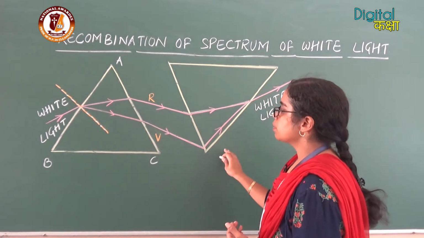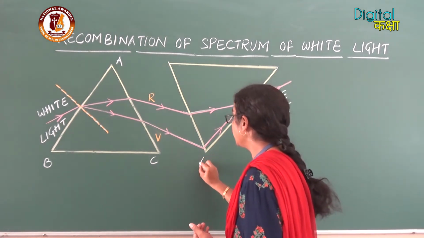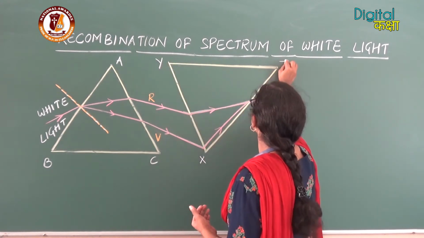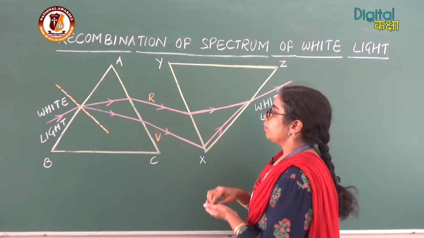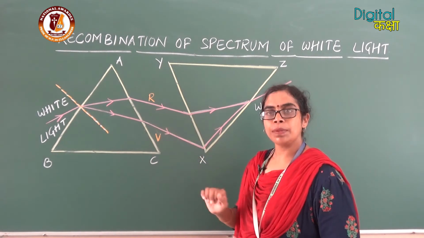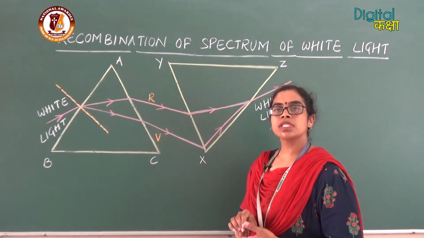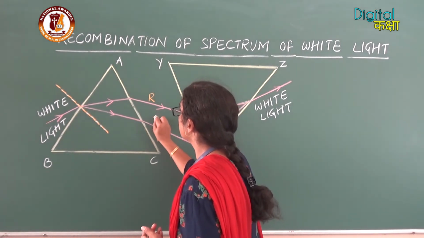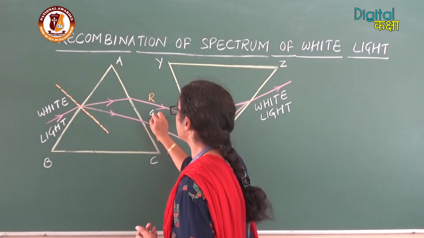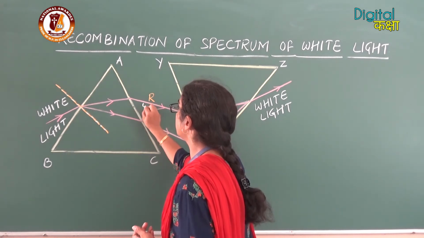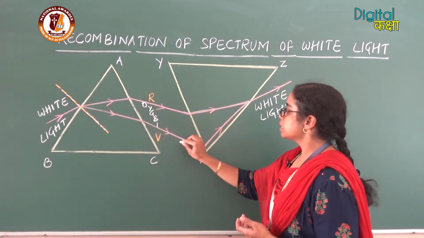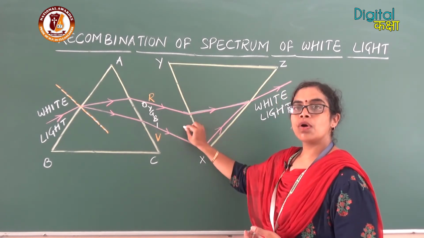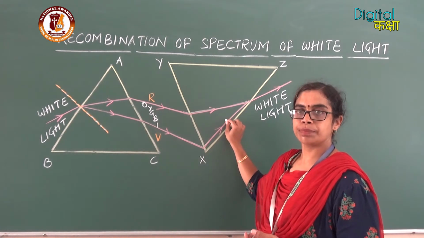Now another prism is taken and kept in the inverted position, and the VIBGYOR, the 7 colors obtained in the process of dispersion, all these 7 colors, here I am writing the colors as well, are now incident on the refracting surface XY of the second prism.